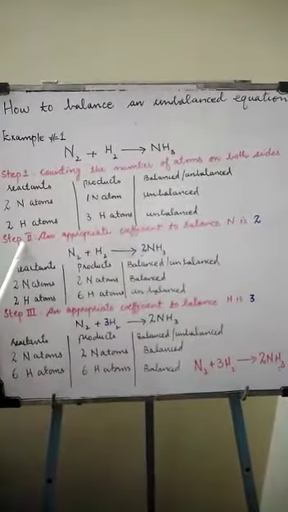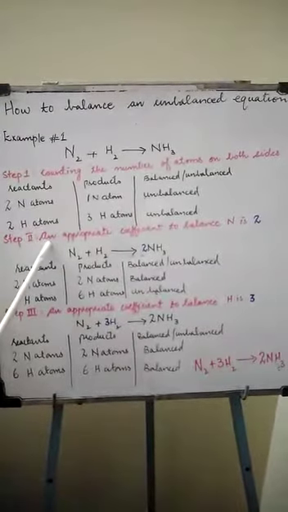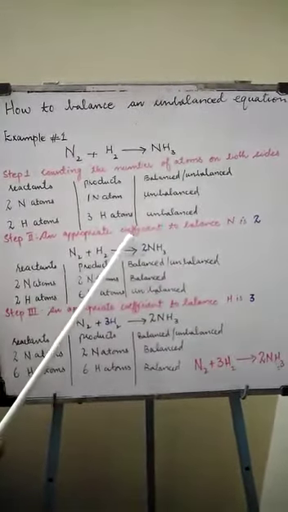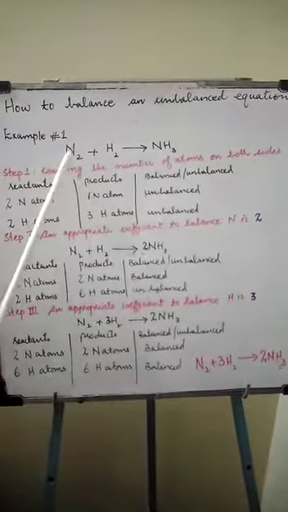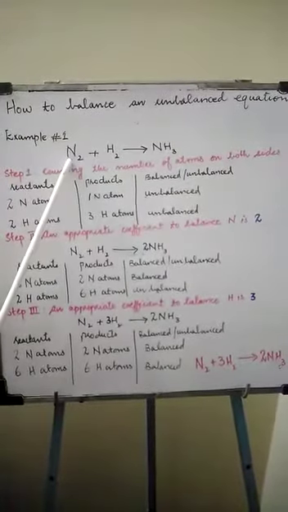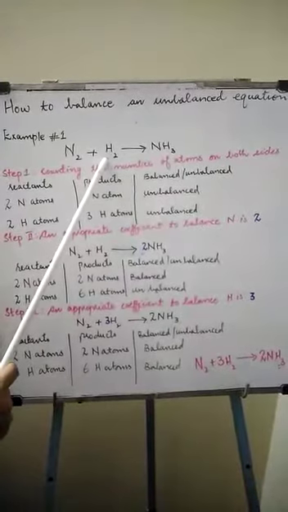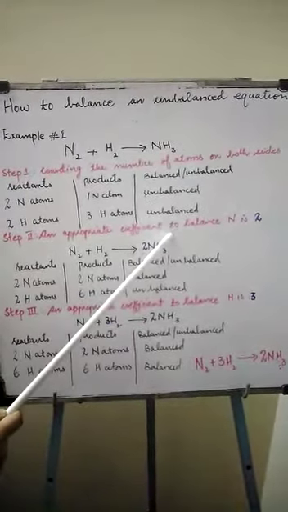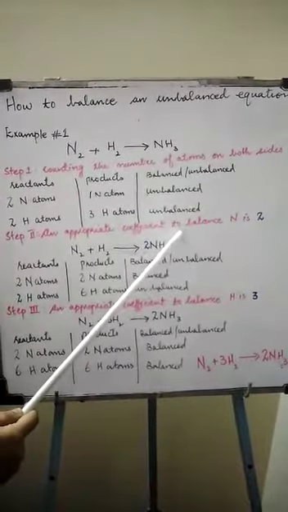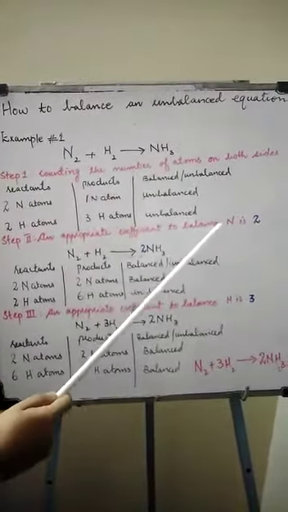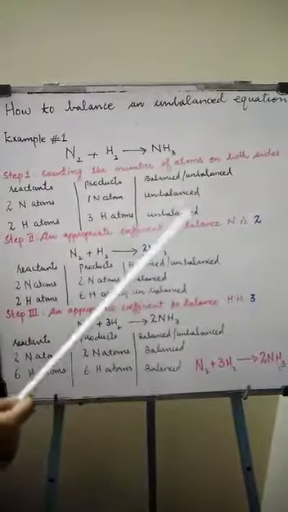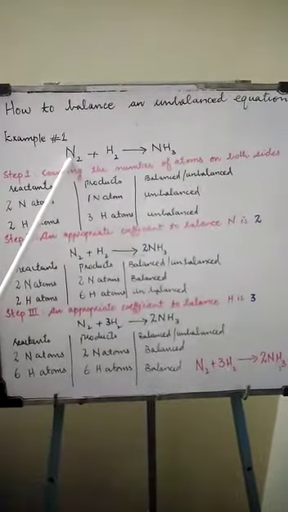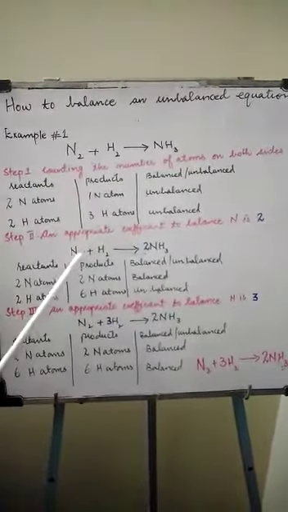So we'll go for step 2 and we'll choose an appropriate coefficient to balance that element, either nitrogen or hydrogen. But as you know from the rules, we will use the coefficient for the smaller one. Therefore, I have taken nitrogen here to balance first.